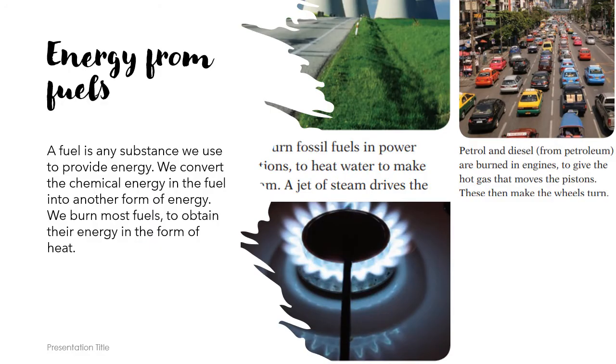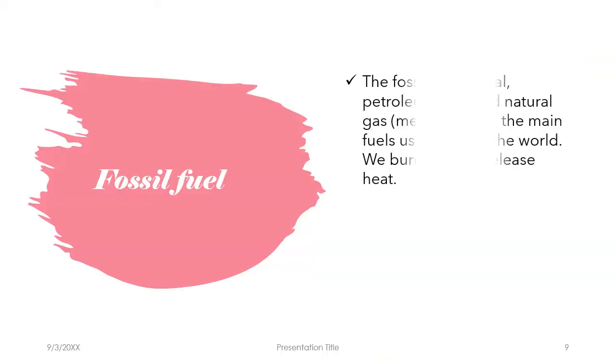Alright, this is application for energy from fuels. A fuel is any substance we use to provide energy. We convert the chemical energy in the fuel into another form of energy. We burn most fuels to obtain their energy in the form of heat. So biasanya energy ni dalam bentuk heat lah. Alright, fossil fuel.